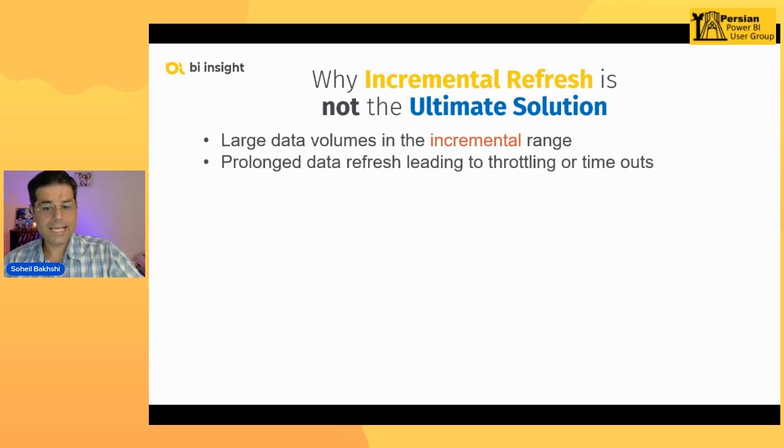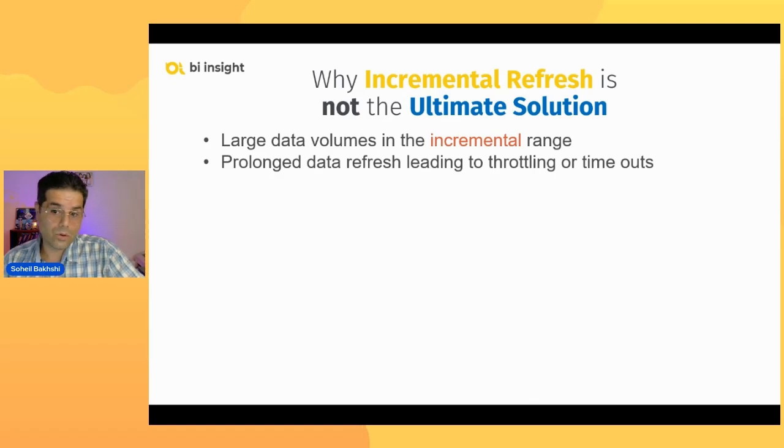The other one is prolonged data refresh leading to throttling or timeouts. Again, if we do not design our incremental refresh up to the business requirements and up to the standards following best practices, we probably get throttled and timeouts.